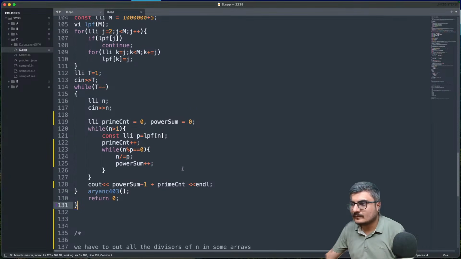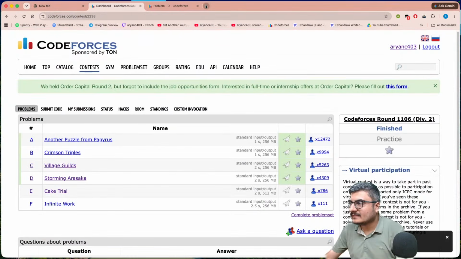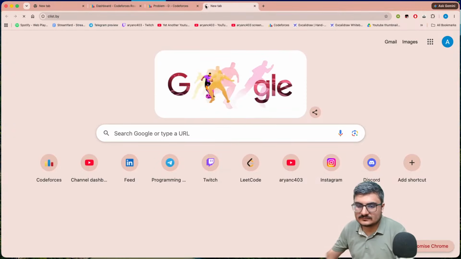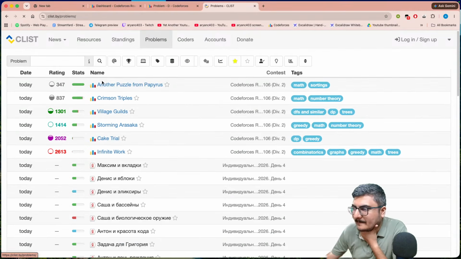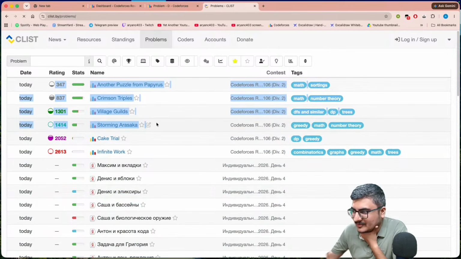For problem rating, you can actually look at this site. It rates all of these quite low, possibly because of a lot of ACs here.